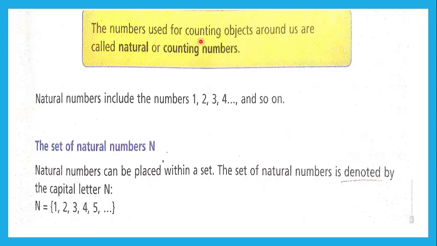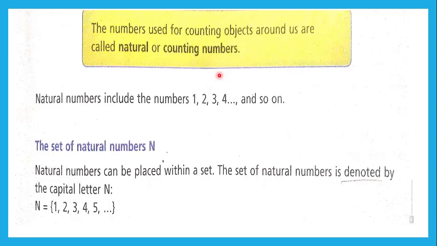The numbers used for counting objects around us are called natural numbers or counting numbers. Whenever we count objects around us, we use certain numbers. We call those counting numbers or natural numbers.